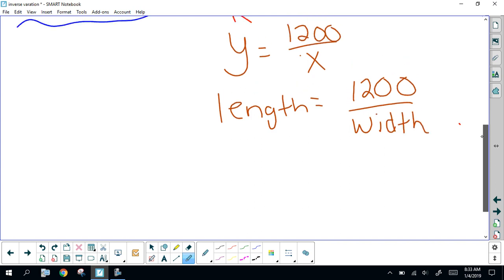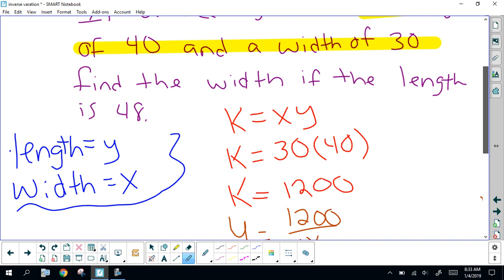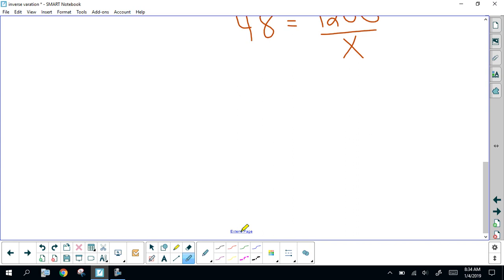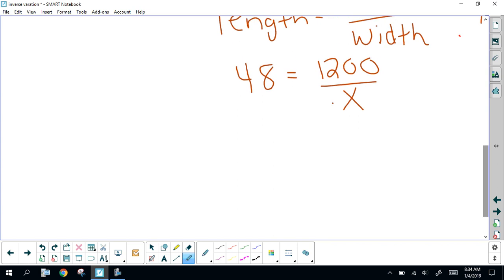Now on this question, it's saying find the width if the length is 48. So basically they're giving me the y, and I need to find the x. So when I solve this, I'm going to say 48 equals 1,200 over x. So we just got to get the x by itself. This is basic algebra, but I'm going to go through all the steps to make sure everybody remembers how to do it.